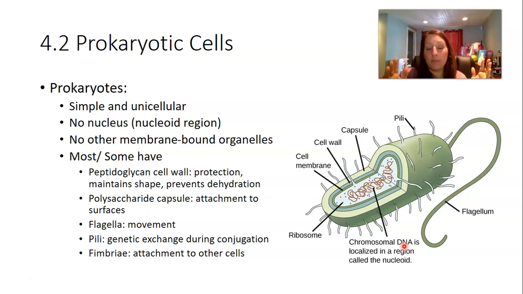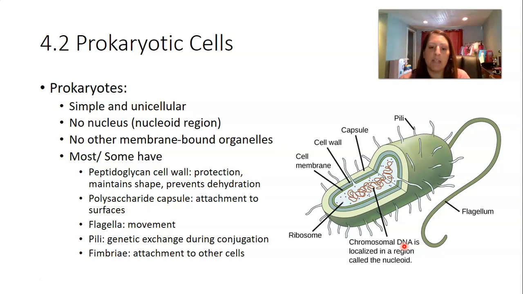They don't have any other membrane-bound organelles, so you're not going to find mitochondria. We're going to learn that the mitochondria is the site of cellular respiration in eukaryotes like us. Prokaryotes still do respiration. It's a little different. They don't have mitochondria, and they tend to do that respiration on their plasma membrane. That's usually the location of it. Okay, so processes are still similar, but they're not the same.